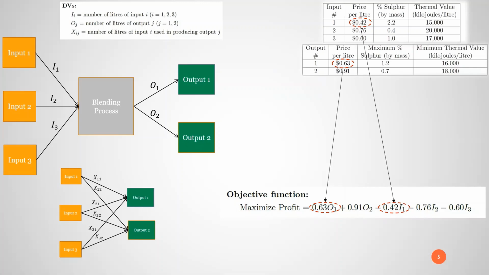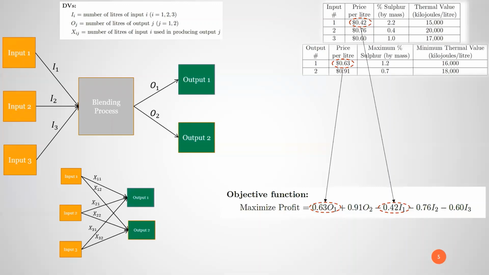What I get from selling output number 1 is 63 cents for each liter of output number 1, and 91 cents for selling each liter of output number 2.